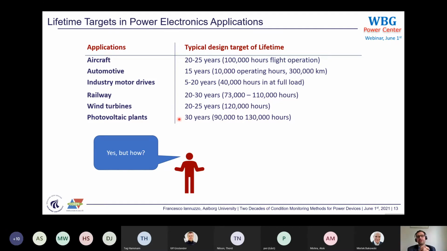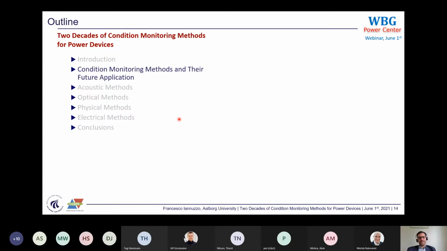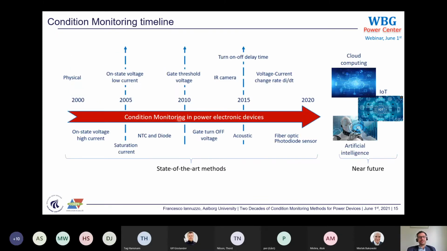We need to monitor our power electronics. It's not possible otherwise. So, condition monitoring. I put as a title two decades of condition monitoring. This one is a little bit controversial. You may argue it is more than two decades. Yes, I agree. But I would say from year 2000 on, we started taking condition monitoring seriously. There were the first applications of condition monitoring.